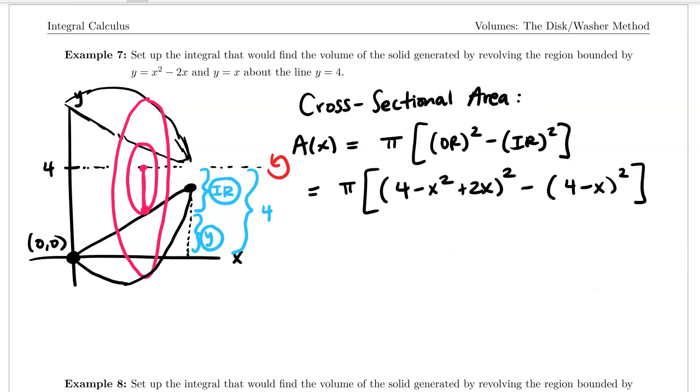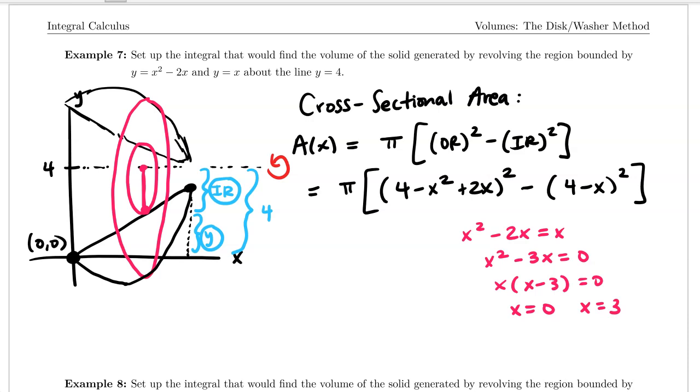I have my two curves and I want to set them equal to each other, so I get x squared minus 2x is equal to x. If I subtract x from both sides, I get x squared minus 3x is equal to 0. Then I can factor out an x, and so we end up getting that the two curves intersect at x equals 0 and x equals 3.